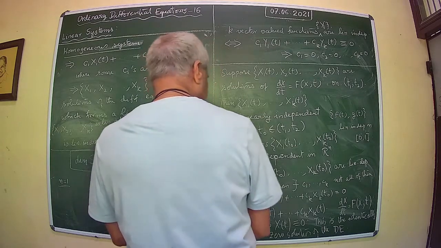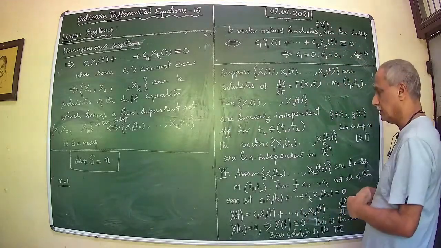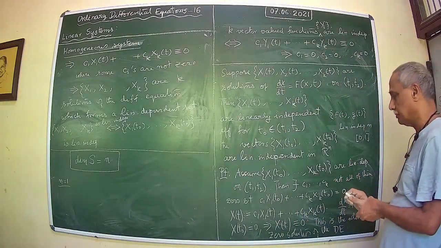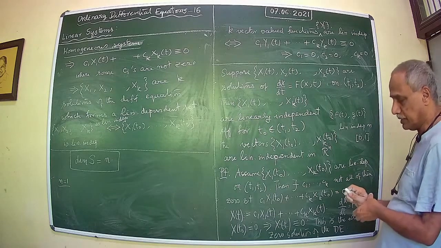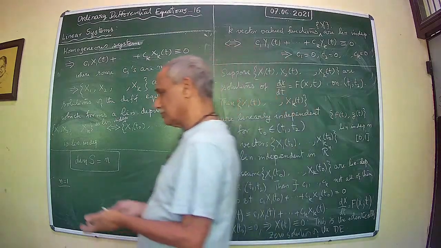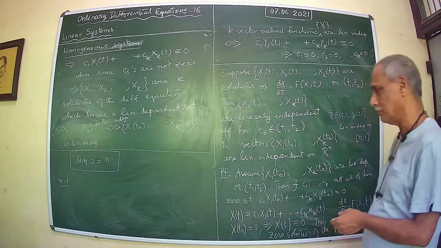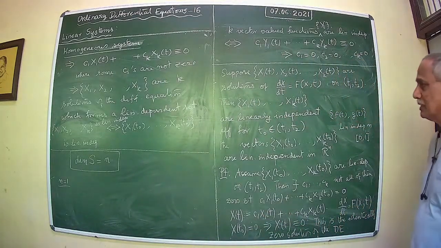So essentially the solutions are linearly independent if and only if their values at some point are linearly independent, and therefore at every point they are linearly independent. And this is an if and only if condition.